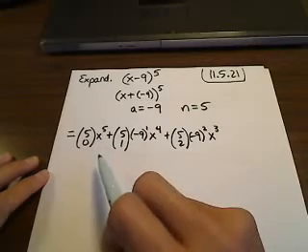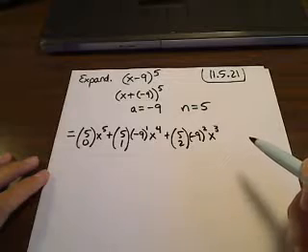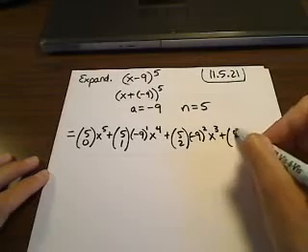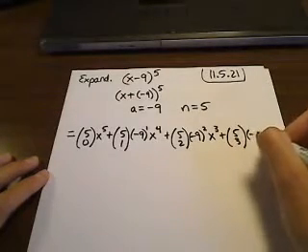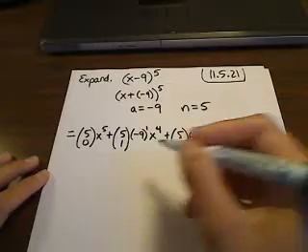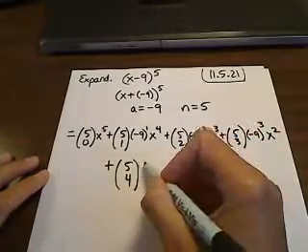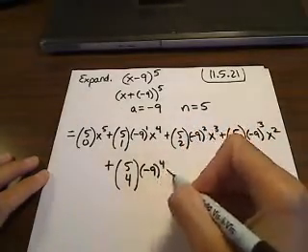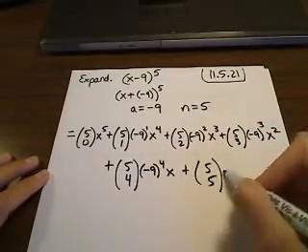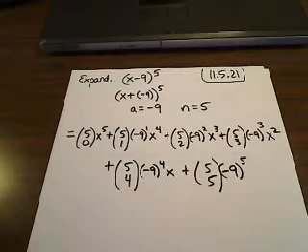You could think of this over here as (-9)^0. Anything to the 0 power is just 1, so we're missing that there. And then we just continue. This goes 5 things taken 3 at a time times (-9)^3 and x^2, plus 5 things taken 4 at a time, (-9)^4 and x^1, and then 5 things taken 5 at a time, (-9)^5 and x^0, which is just a 1, so we don't write it there.